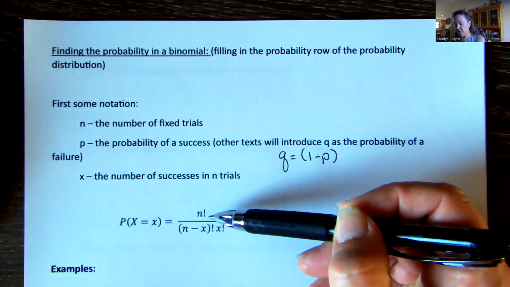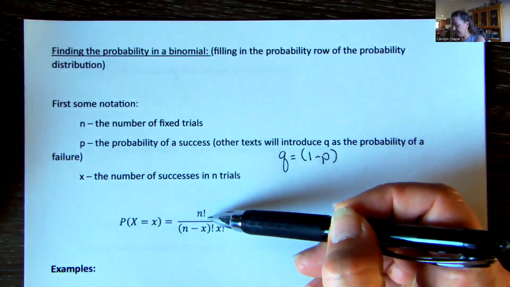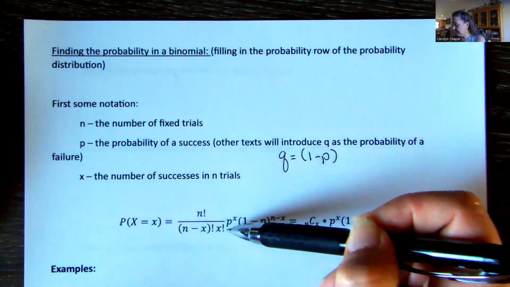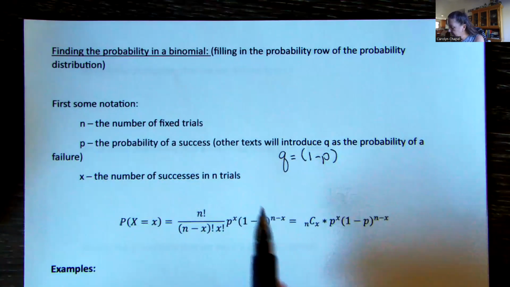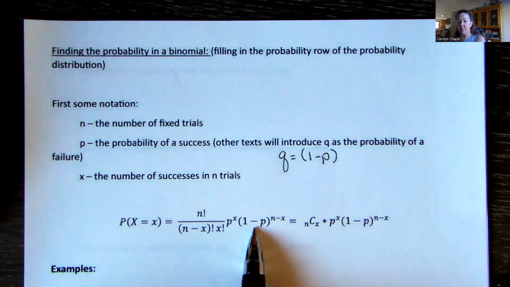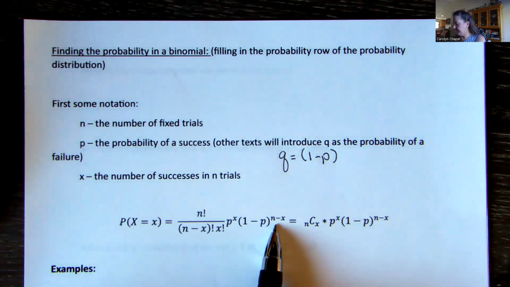If you remember, we did factorials when we did chapter 5. N minus x factorial, and then x factorial. Then we're going to multiply that by p, our probability of success, raised to the x power, and then 1 minus p to the n minus x.